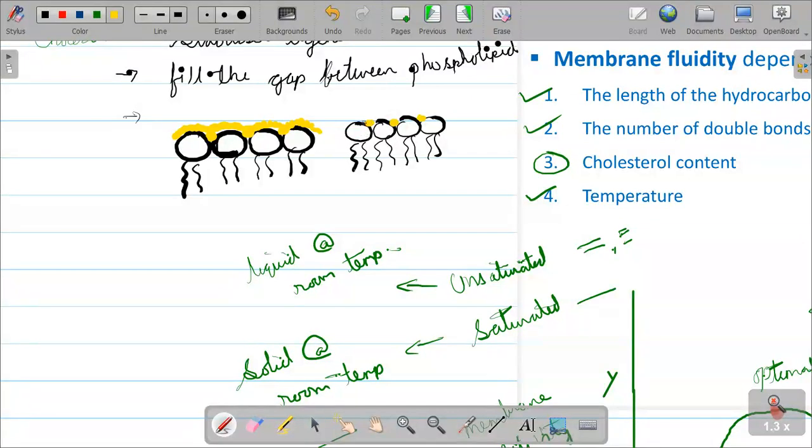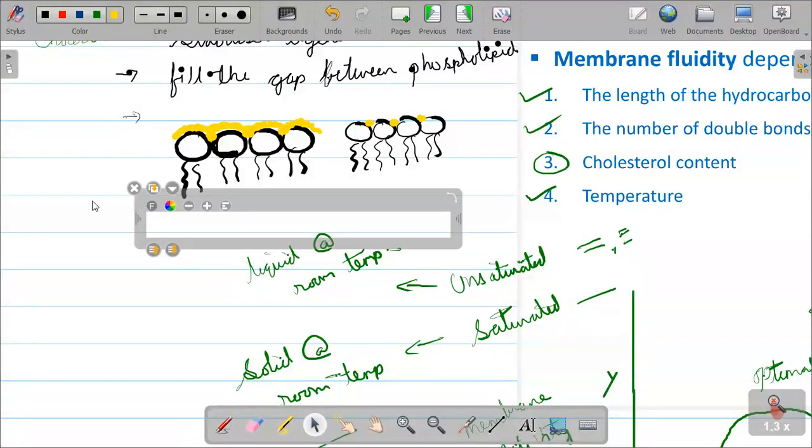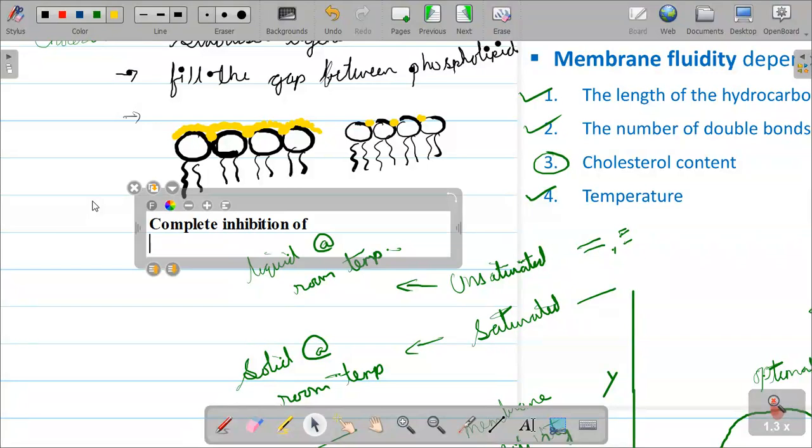There is partial exposure of the hydrophilic end and complete inhibition of the hydrophobic end. In the other case, it is complete inhibition of the amphiphilic end. Am I right?